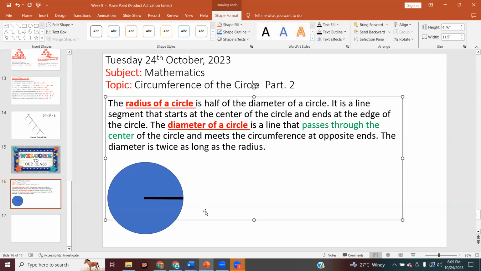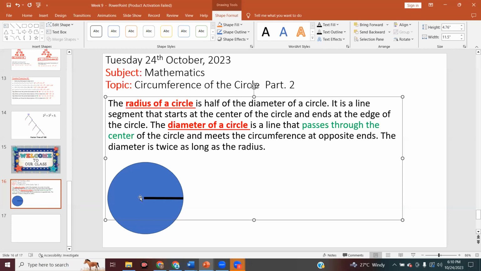I want you to put inside the chat, for this line right there, is it the radius or is it the diameter of the circle?